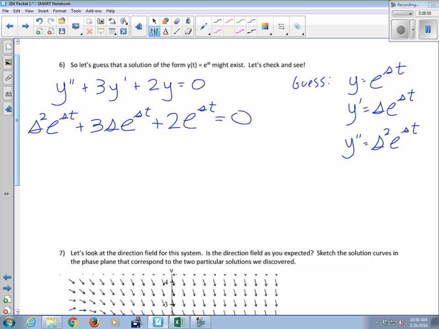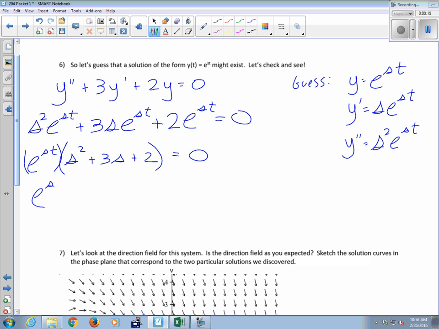E to the st. Let's factor that out. I'm left with s squared plus 3s plus 2. So I've got two quantities multiplied together, and the answer is 0. One or the other has to be 0.